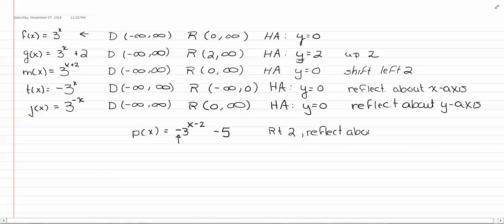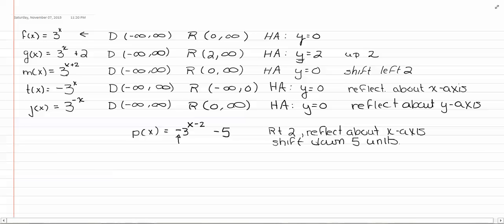And then the minus 5 is going to tell me outside the function, that's going to be a shift down. This one was shift up, plus 2. Then this is minus 5, so you're going to shift down 5. Okay, so that's transforming the exponential function.